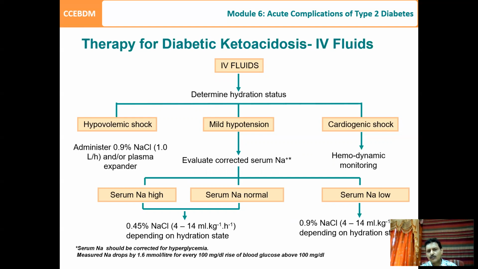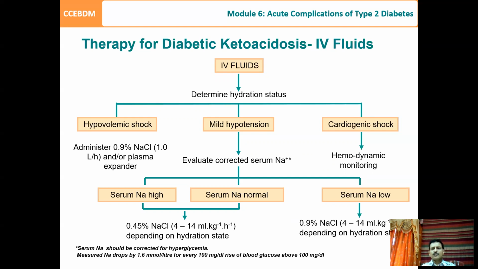I have seen that when the patient develops a normal level of glucose, say a blood sugar level of 150 or 100, people stop the insulin infusion. And once you stop the insulin infusion, the patient will again develop diabetic ketoacidosis. Don't do it. Continue the insulin infusion and continue the glucose drip.